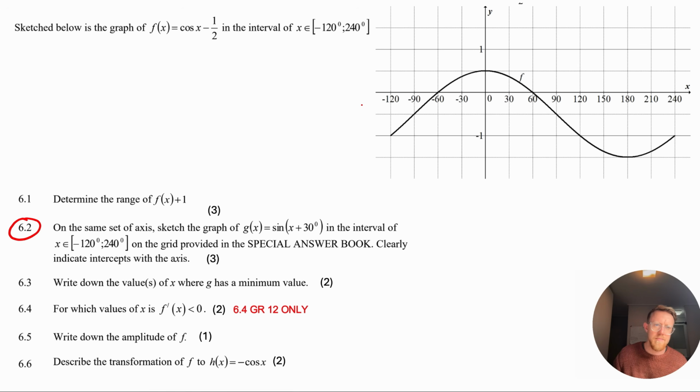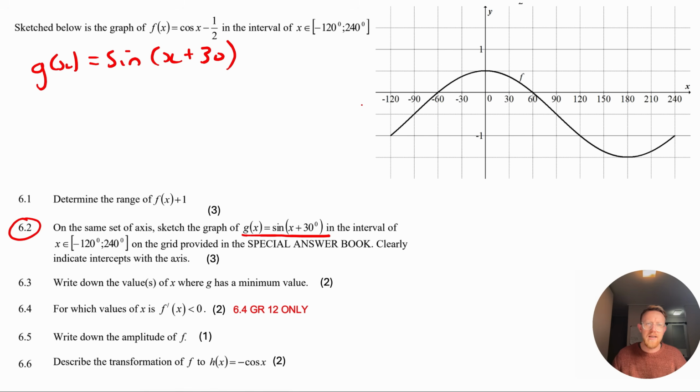On the same set of axes, sketch the graph of g of x equals sin(x plus 30) over the same interval on the grid provided in the special answer book, clearly indicating. Okay, so guys, on your calculator, put your calculator into table mode. So just press mode, table.